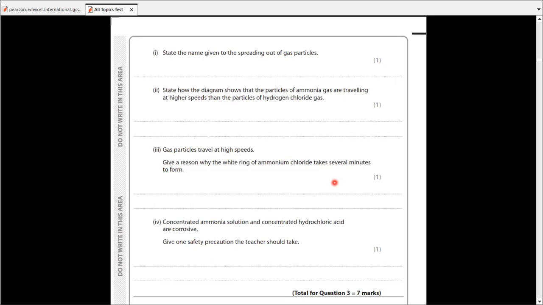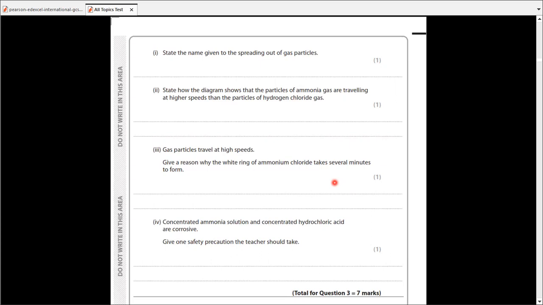All right. Part 3 then. Let me see. So gas particles travel at high speeds. And give a reason why the white ring of ammonium chloride takes several minutes to form.